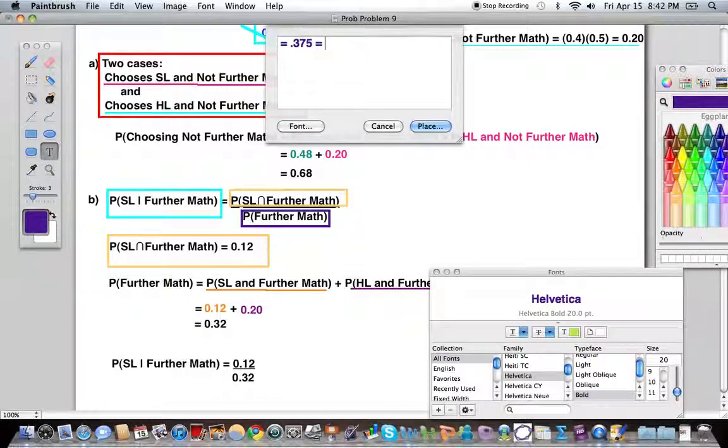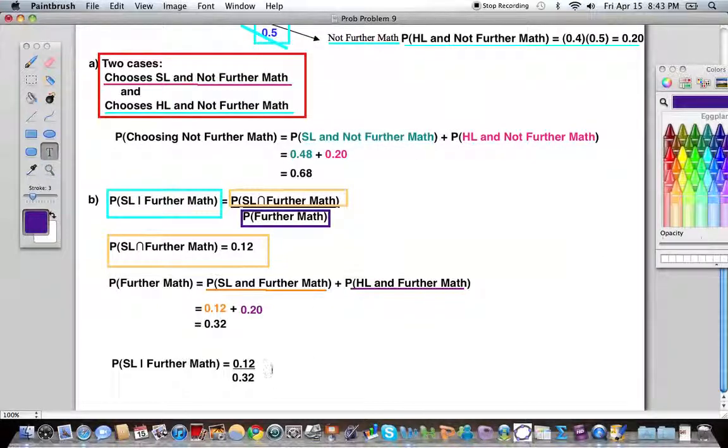Before I type it out, I'm sure you have it in your head. 37.5%. So again, we can use fractions, decimals, or percents. In this case, a decimal or a percent is what we have written down here.